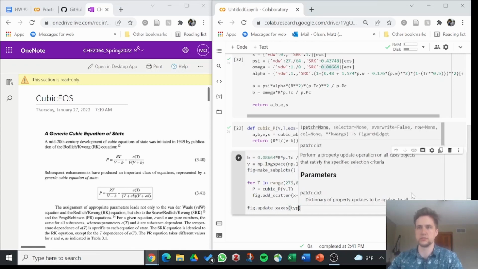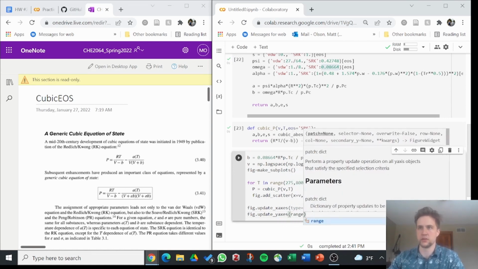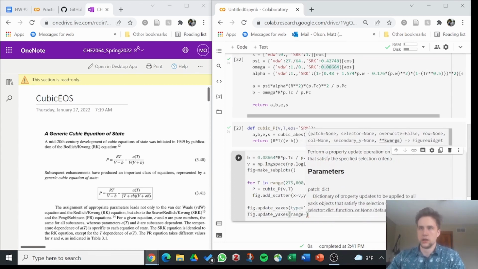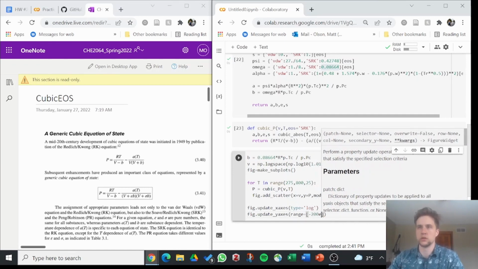So we're going to need to set this to logarithm for the X axis, and then we're going to need to set what we'd like to see our range for the y-axis to be. So let's go ahead and do really low pressures. Make sure we're getting a lot of values in there. And then let's do high pressures. Make sure we're getting a lot of that value in.